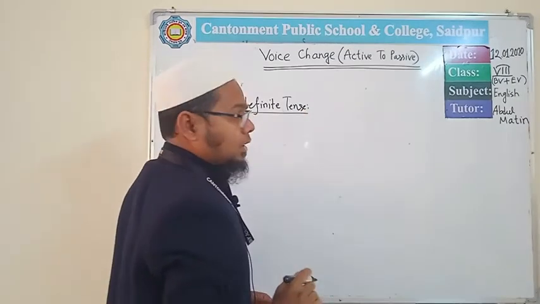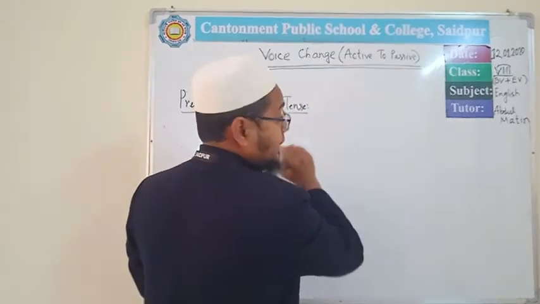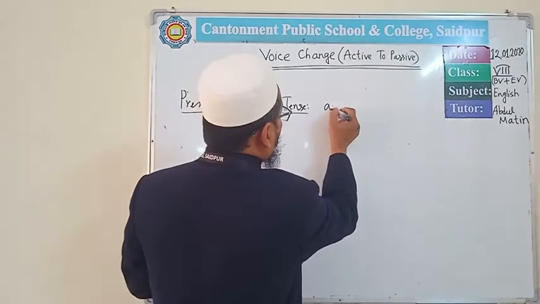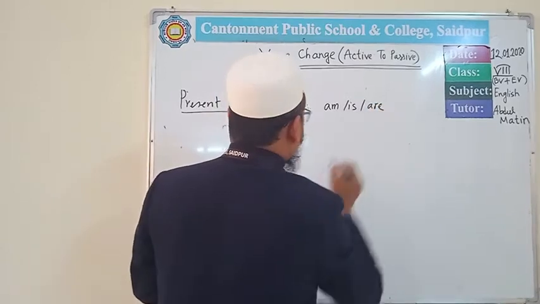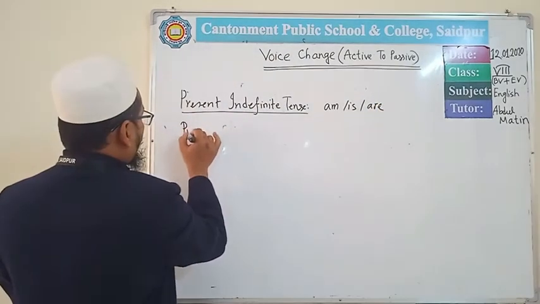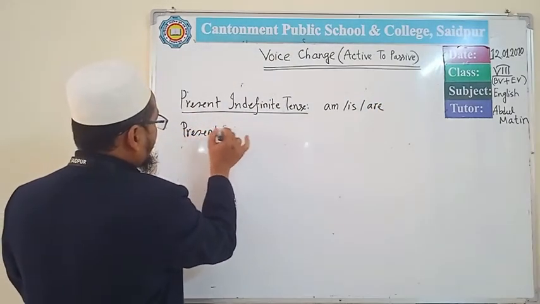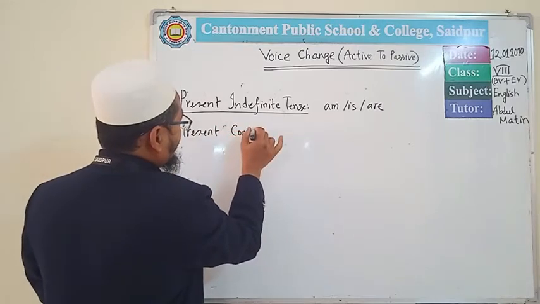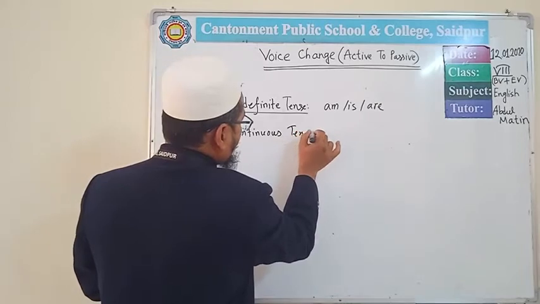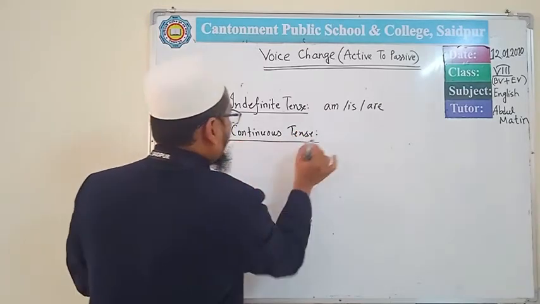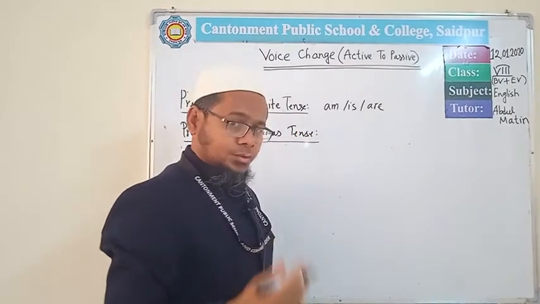What will be its auxiliary verbs to make it passive? Am, is, are. Present continuous tense. What will be its auxiliary verbs to make it passive?